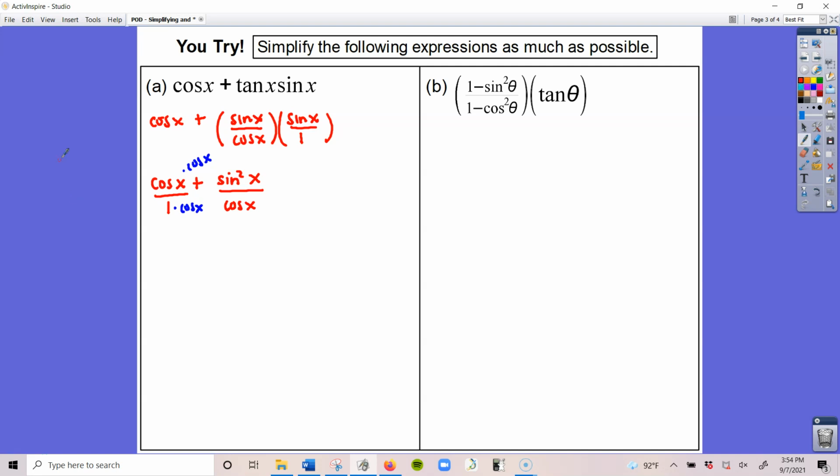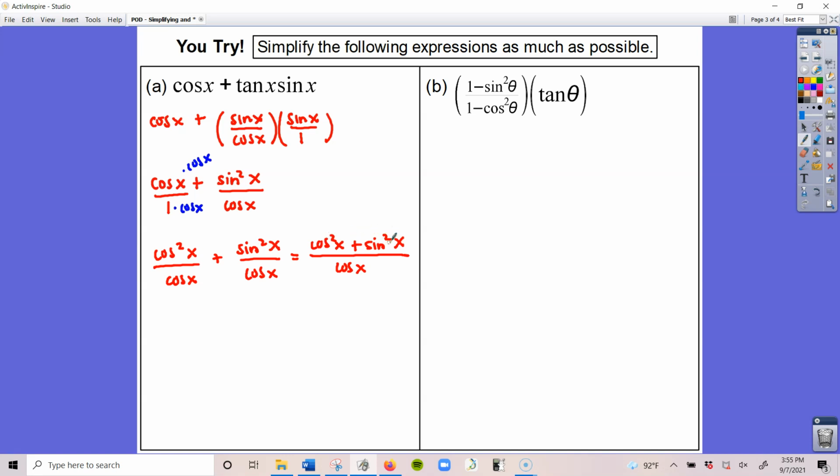So what that would give me, cosine times cosine is cosine squared x over cosine x plus sine squared x over cosine x. Now that they both have the same denominator, I can write this as one fraction. This would be cosine squared x plus sine squared x, and everything is over cosine x.